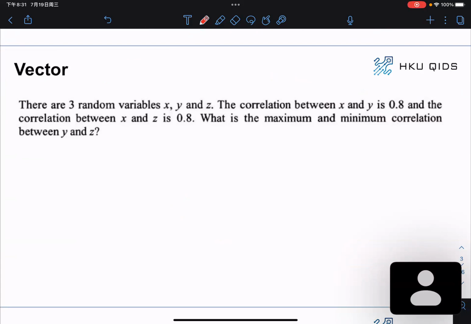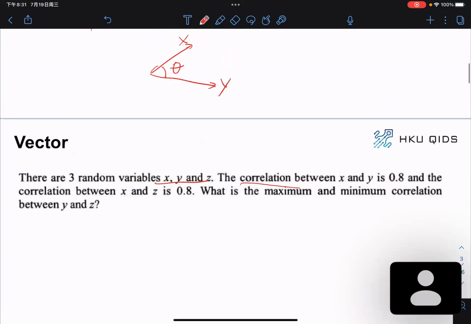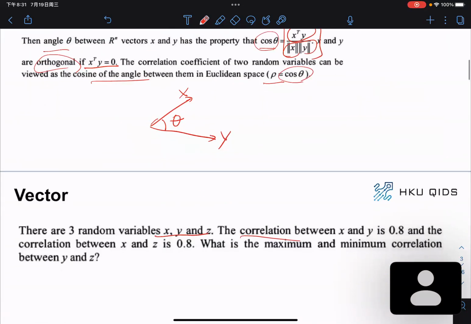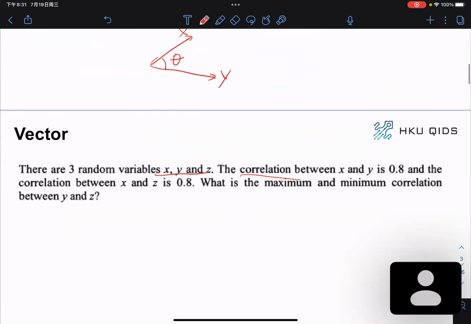So how shall we think about this question? When you see 3 random variables and correlations, you want to convert correlation to cosine theta. Why is this the case? Because if we convert it to an angle, then we can solve it using a geometric method, which means we can put x, y, z as 3 lines which could form a triangle.